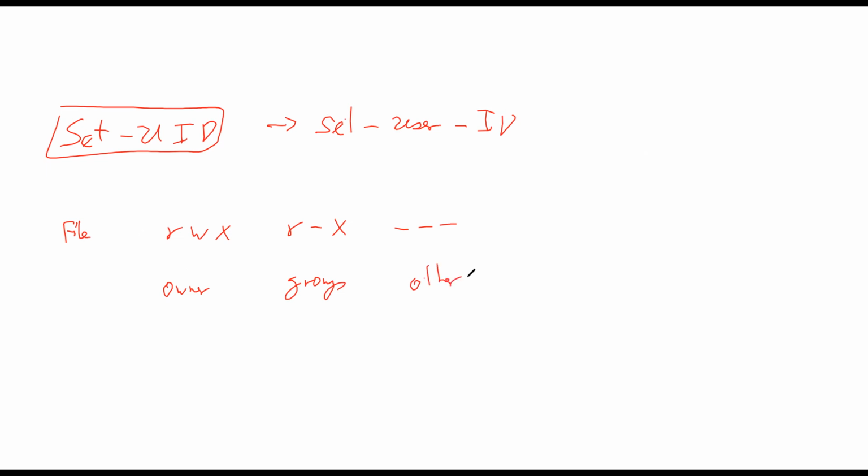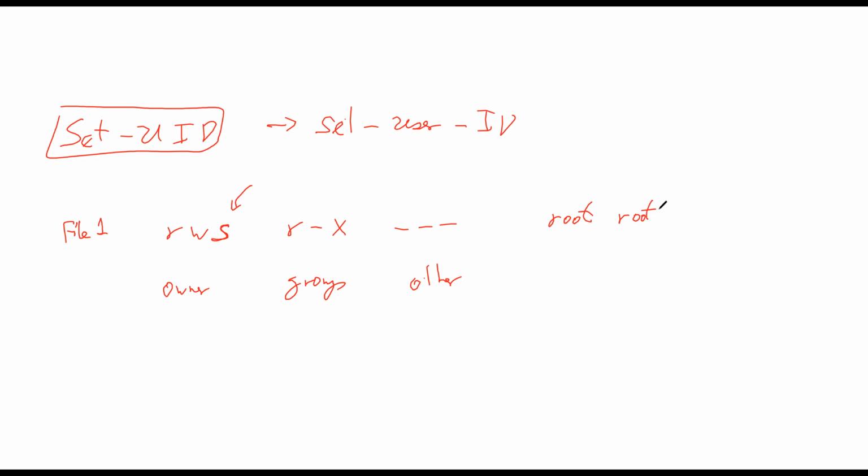So whenever you set SetUID, this X here, which stands for executable, will be changed to an S. That's all you will see in a file. So this is file one, .exe, let's imagine. Whenever you make it SetUID, you change that to an S, and then over here you have the owner.